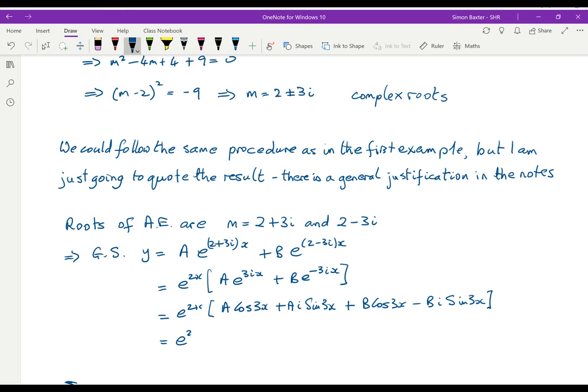Well, this is just e to the 2x something times cos 3x. Let's call it c. And something times sine 3x. Let's call it d. And it is possible to choose a and b as complex numbers so that c and d are real arbitrary constants. And so this now is the general solution if you have complex roots.